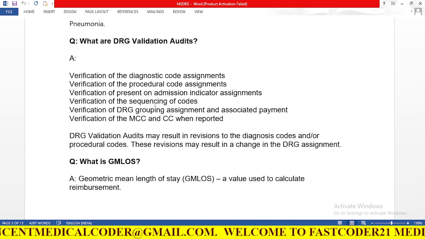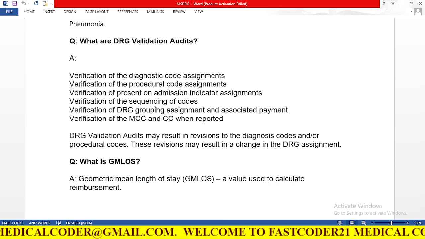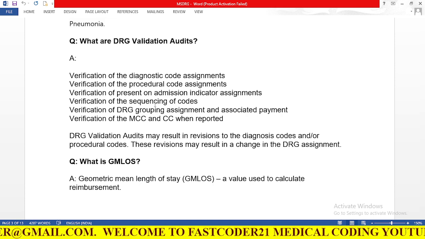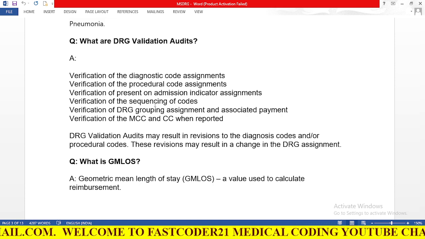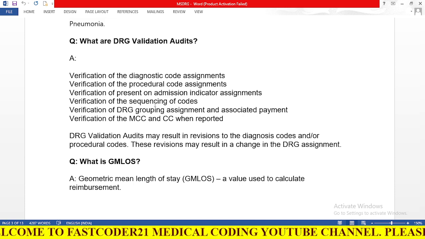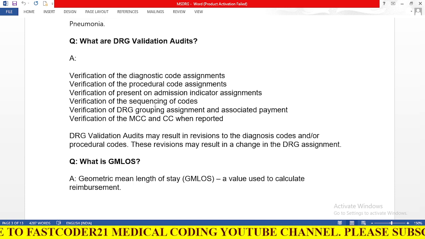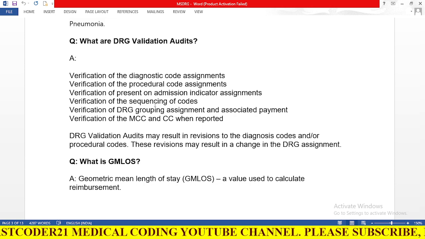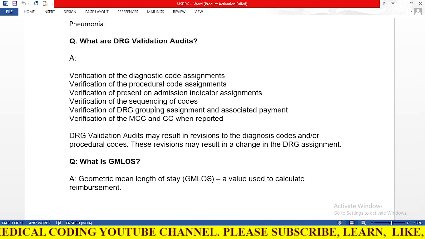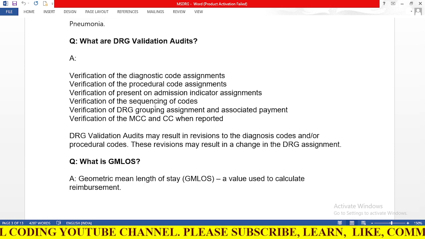For others, reimbursement only increases with an MCC. So whether the patient has a CC or MCC, irrespective of that, reimbursement will increase. Three tier or triplet means reimbursement increases with a CC and is increased further with an MCC.